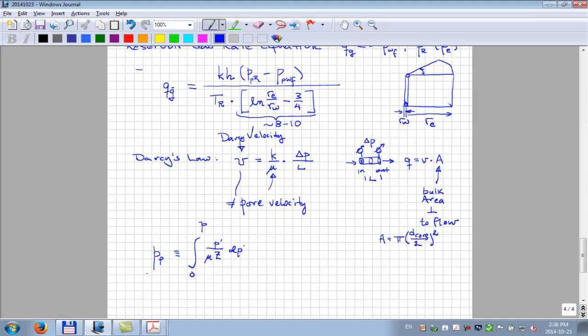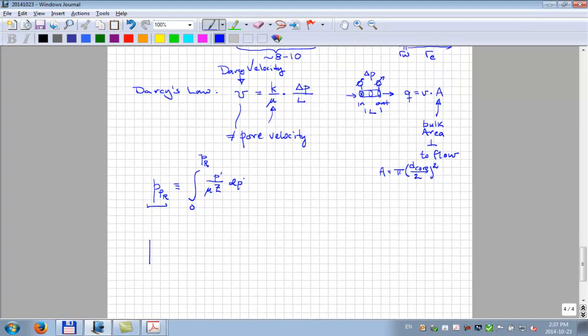So if you want to know the pseudo pressure at the reservoir condition, then you would use reservoir pressure here. If you want to know the pseudo pressure at PWF, you just integrate up to that, P over mu Z dP.